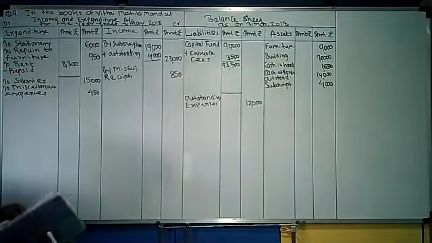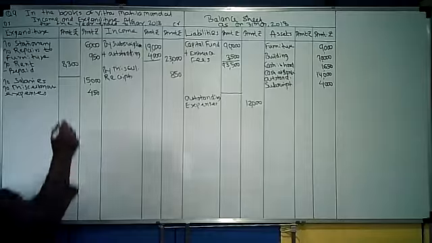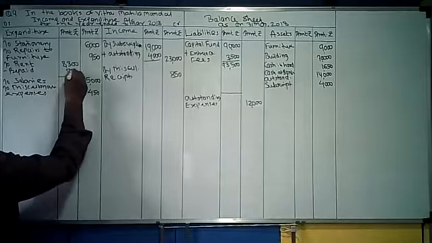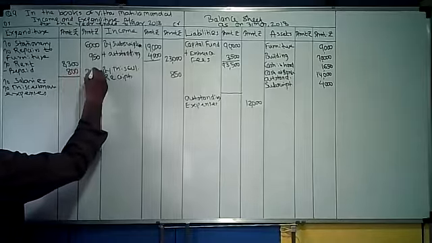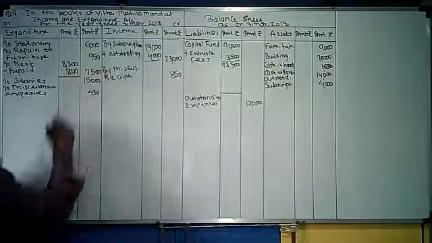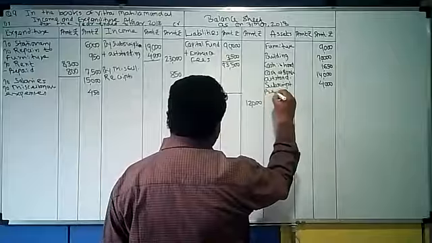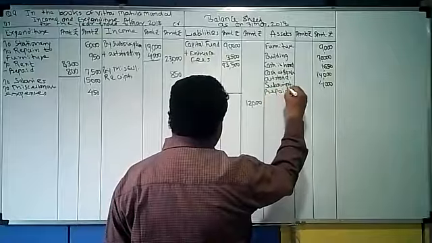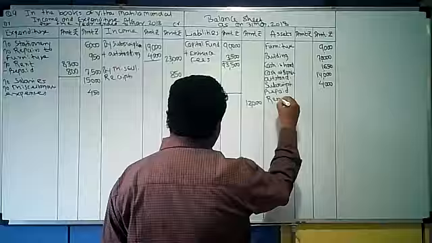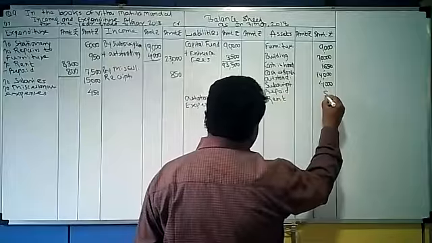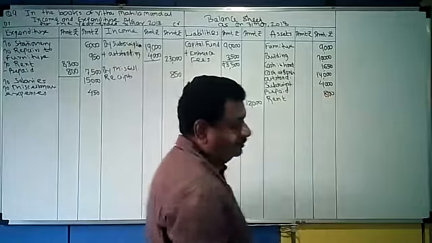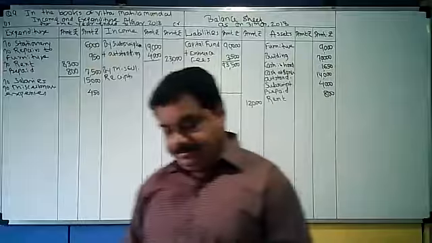Prepaid rupees 800. And in balance sheet assets, because there is a prepaid expenditure, prepaid rent. Okay.